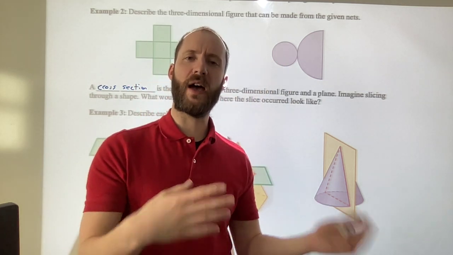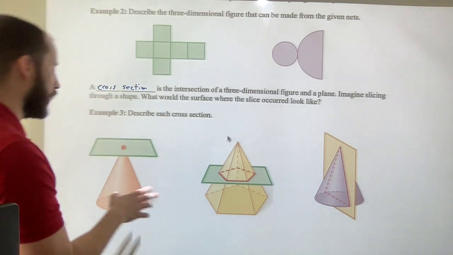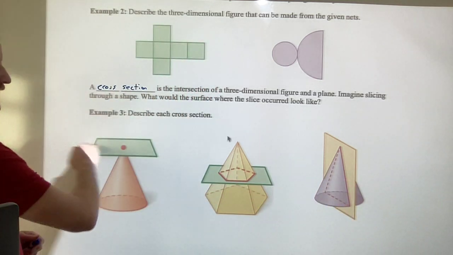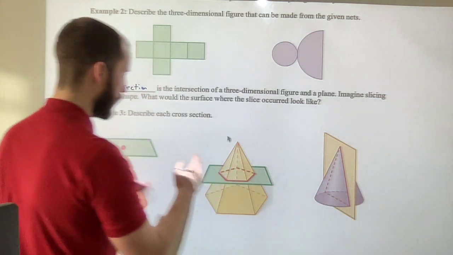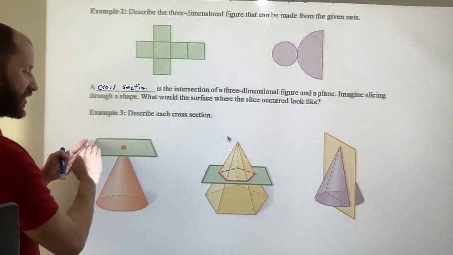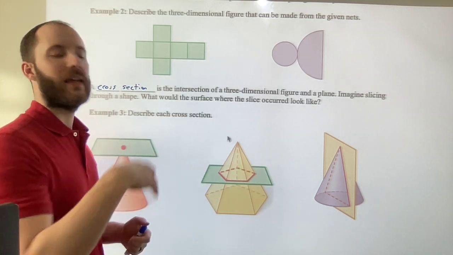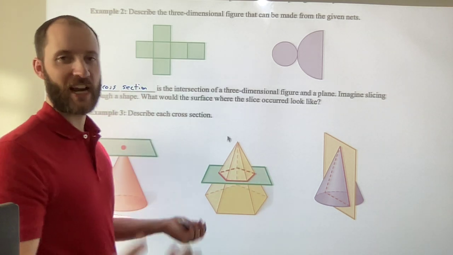What kind of shape do you have as a result? So all these different objects, kind of looking at a slice, and then where that plane intersects your shape, what slice is the result of that interaction.